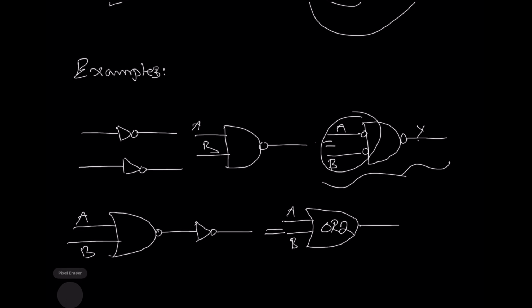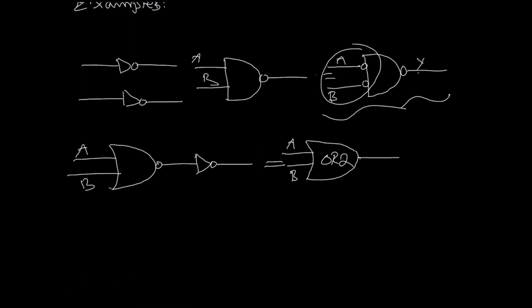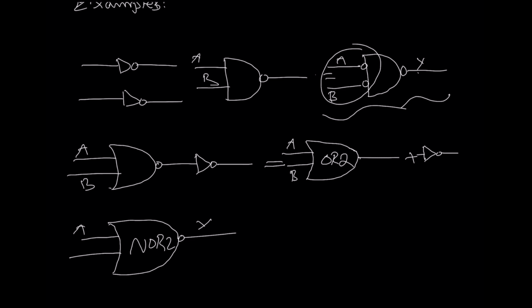Good. Now that was only the input side. Now we have to add the inverter back to the output side of it. So when we add an inverter to the output side of it, when you invert the output side of OR 2, we will definitely get a NOR 2 gate.